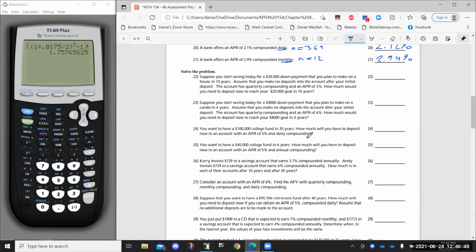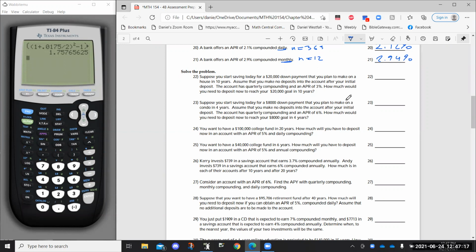Suppose that you start a savings account for $20,000 down payment that you plan to make on a house in 10 years. Okay, in all these situations where you're going to be doing this problem solving, as much as you can in real life, you would use Excel or you would use your calculator with a TVM solver. Time value of money is what TVM stands for.